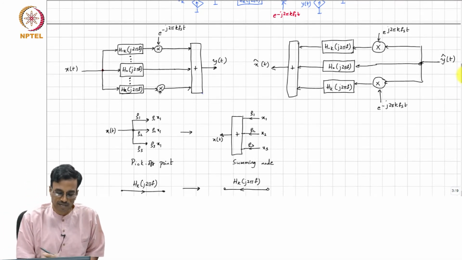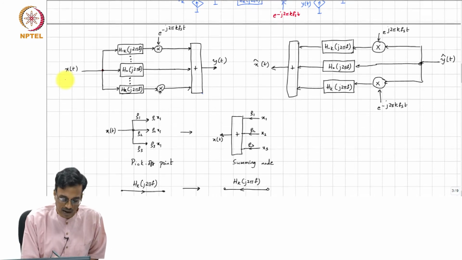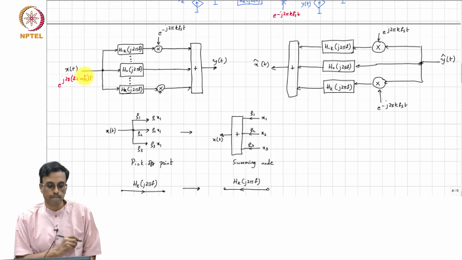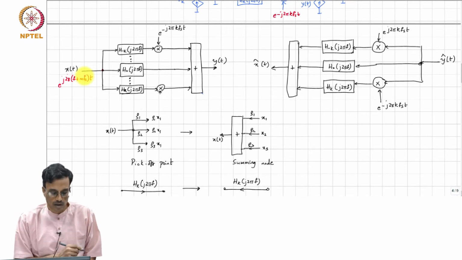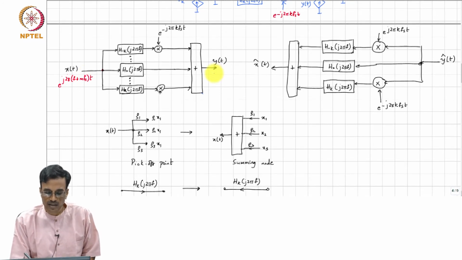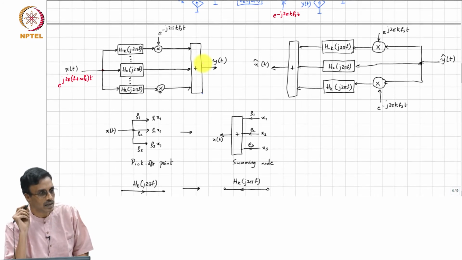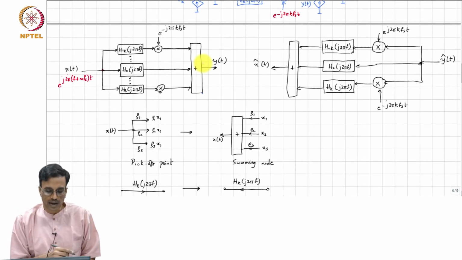So, for instance, if we excite the signal flow graph with e to the j 2 pi f plus m f s times t, and let us say I am looking at the output here. The output I am interested in is the output of the signal flow graph at a frequency f. So, what will that be?